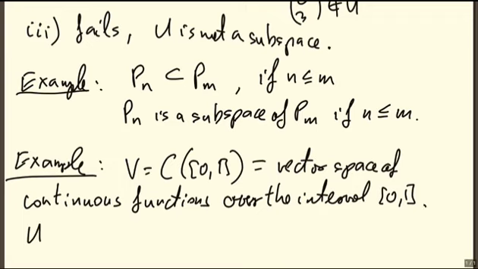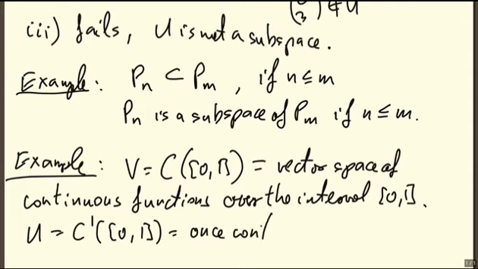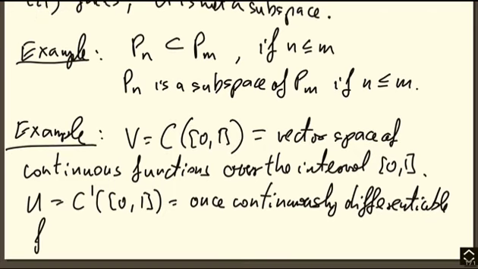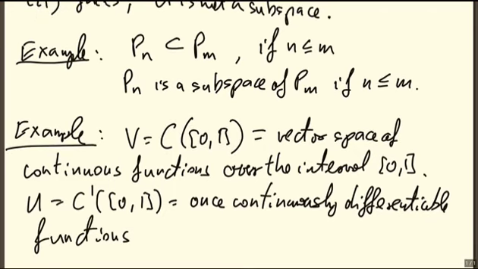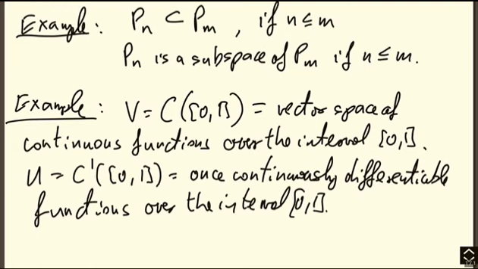Then a subset U could be considered as C1[0,1], which is the once continuously differentiable functions considered over the interval 0, 1. All right, and what we know from calculus 1 is that if a function is differentiable, then it's also continuous, but not vice versa.